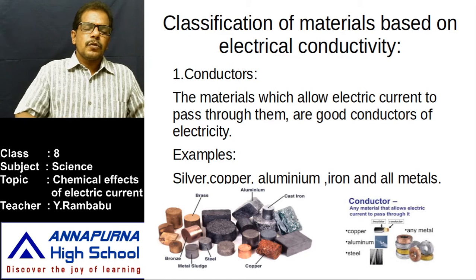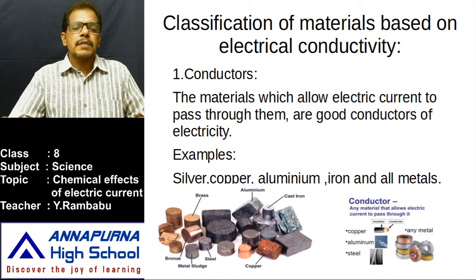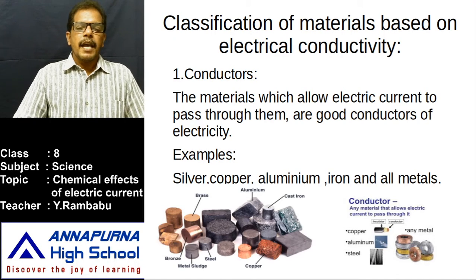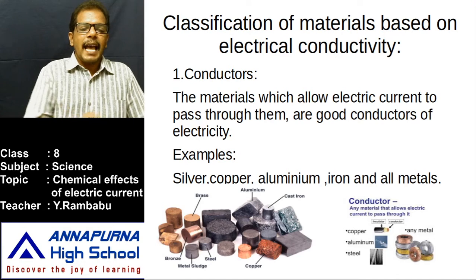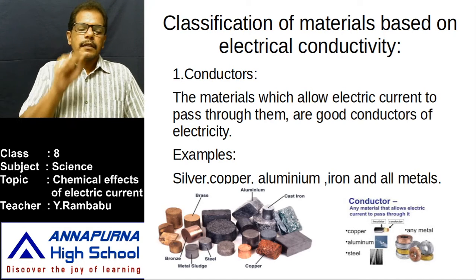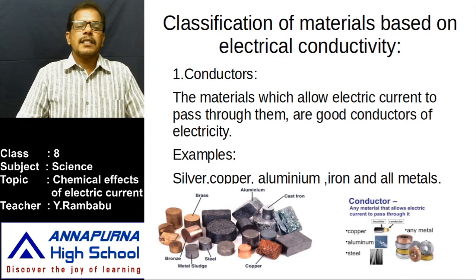That means through some substances the electricity passes, while through some substances the electricity doesn't pass. In the same manner, have you ever observed an electrician? He uses a tester to test whether the electricity passes through it or not. The tip of the tester is in contact with the conducting wire, and he holds the tester.